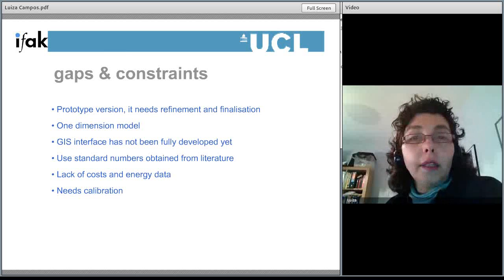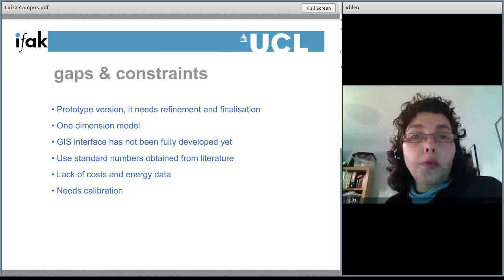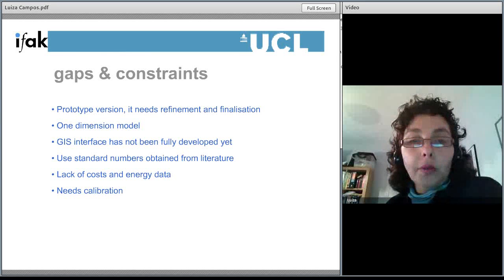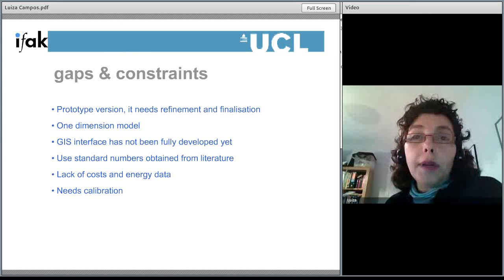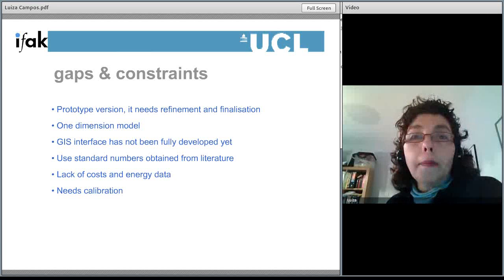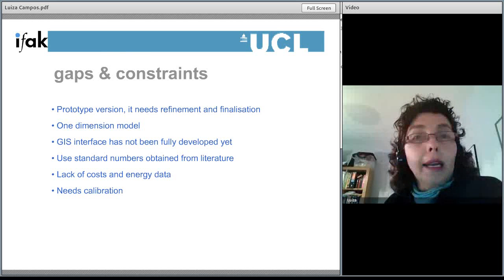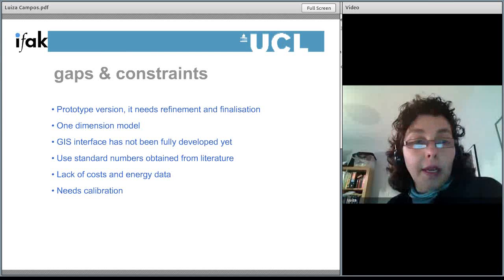So if the people from SuSanA have those values, I would be very happy to have them to simulate in our system. Obviously, the model also needs some calibration, and we are planning to calibrate the tool once we identify a place where most of the values that NewSun requires are available, and we will also need to collect further values for the specific area.